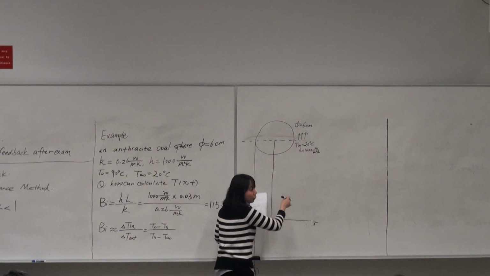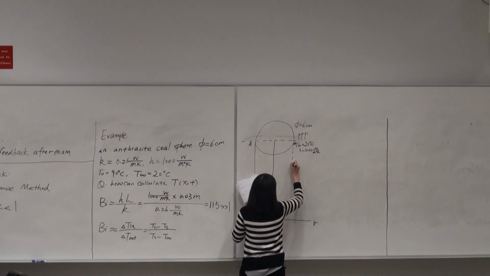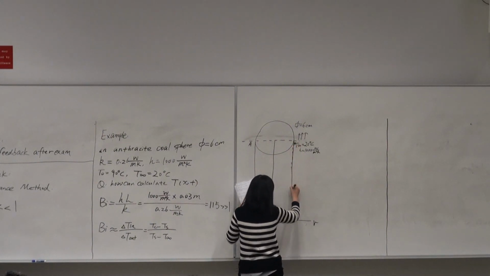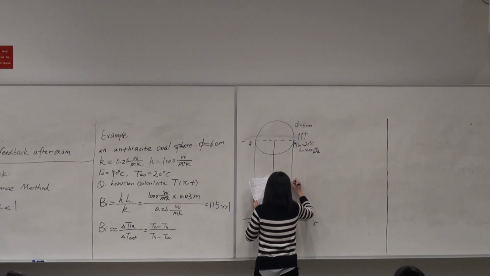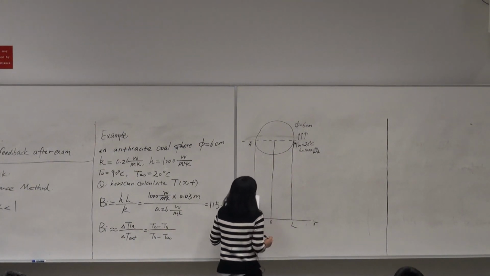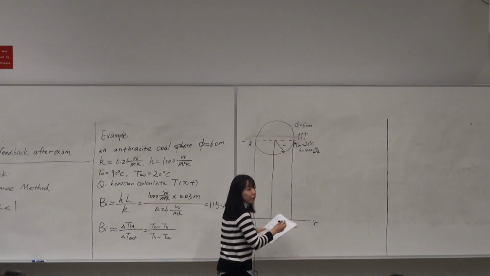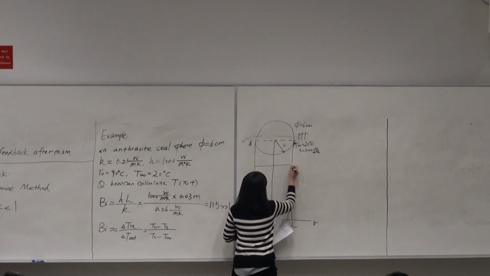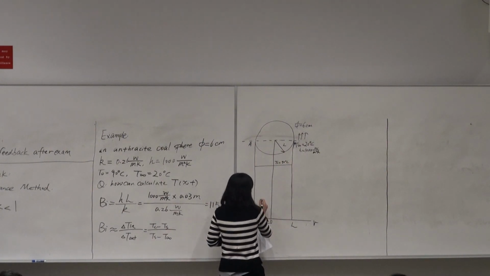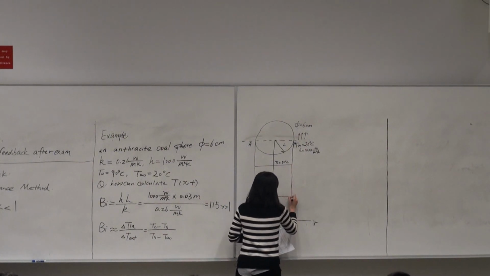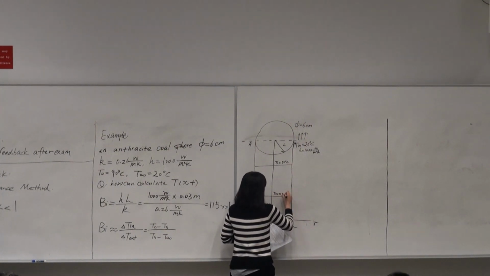Let's say we would like to know how temperature distributes across this line AA, and we mark everything we know and designate its radius as L. At the very beginning, everything stays at the initial temperature, which is 90 degrees. And we know that by the very end, everything inside the coal sphere reaches the same temperature as that of the water.